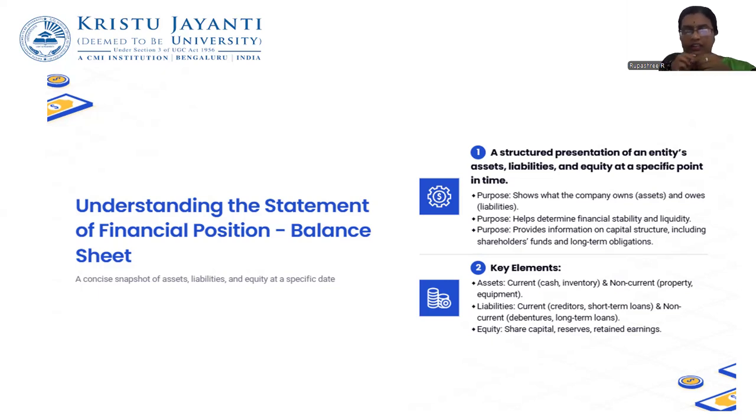Under current assets, the two major elements that we must concentrate on are cash and inventory. And when it comes to non-current assets, we look into what types of properties the company has, what equipment the company owns, and what is the worth of these asset positions.